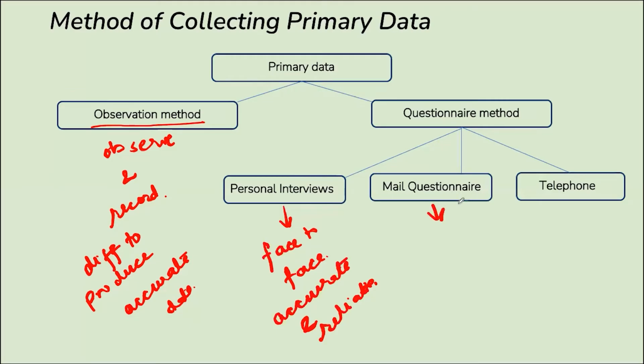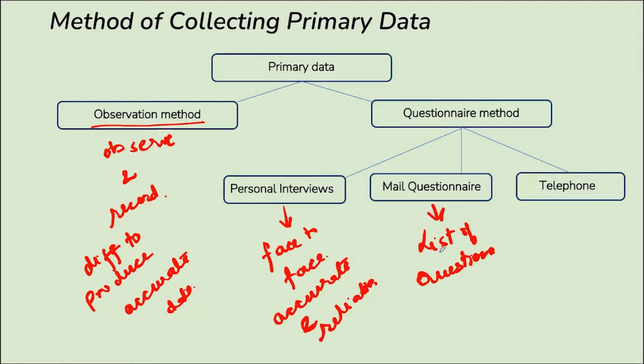The second is mailing the questionnaire. There is a list of questions which the investigator intends to be answered, and he or she sends the list of questions to the respondents by mail, and the respondents are expected to fill in the questionnaire and send it back to the investigator.